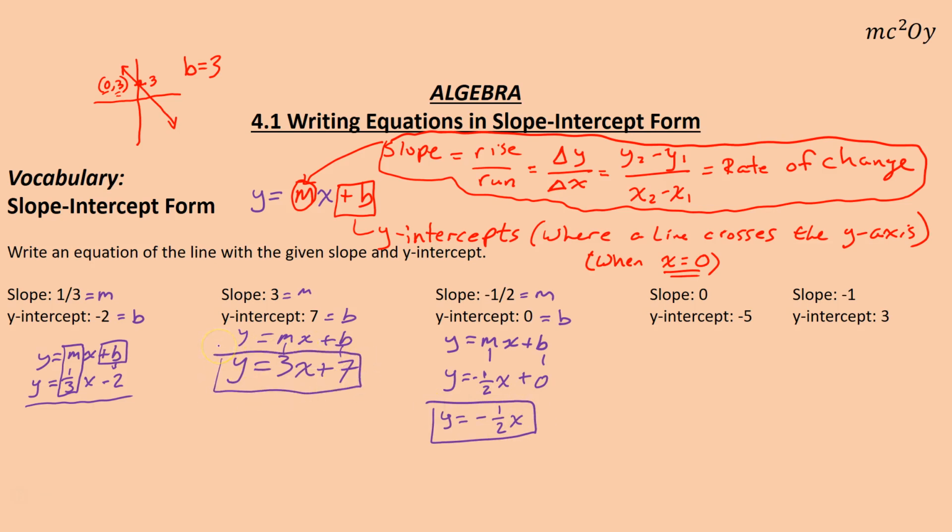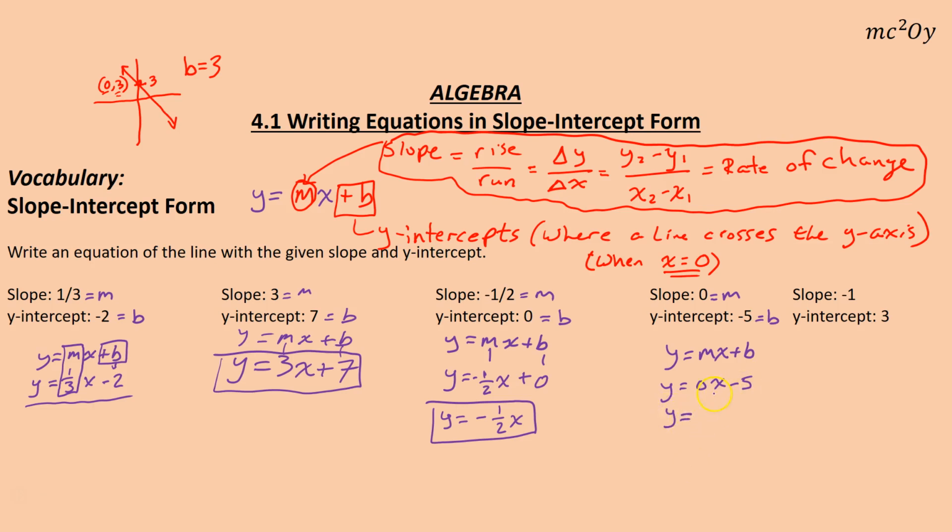All right. Well, now let's say we have a slope of 0. And that's b there. So we have y equals mx plus b. So we have y equals, now m is going to be 0. So 0x plus -5, or -5. I have seen students write it as plus negative, and then it just becomes minus.